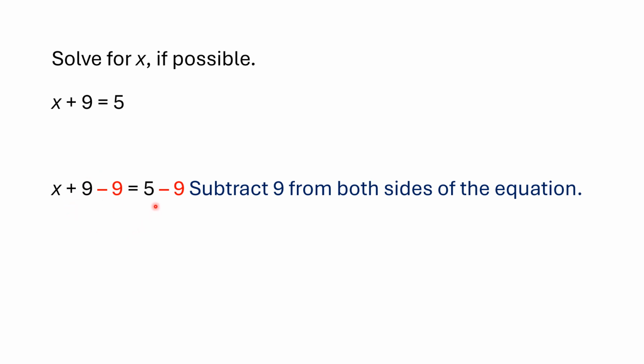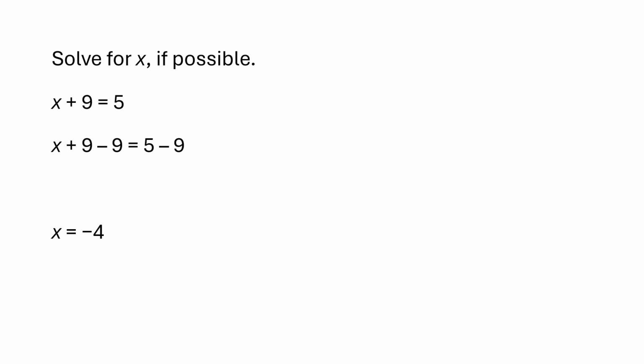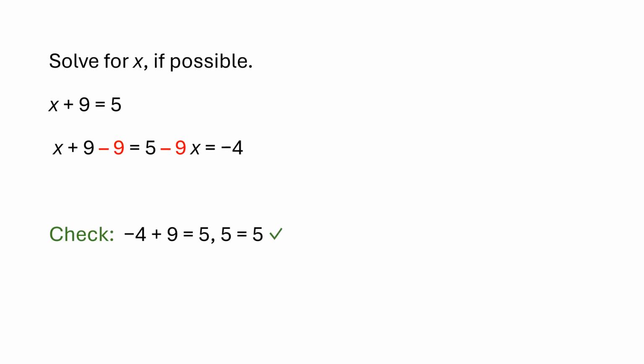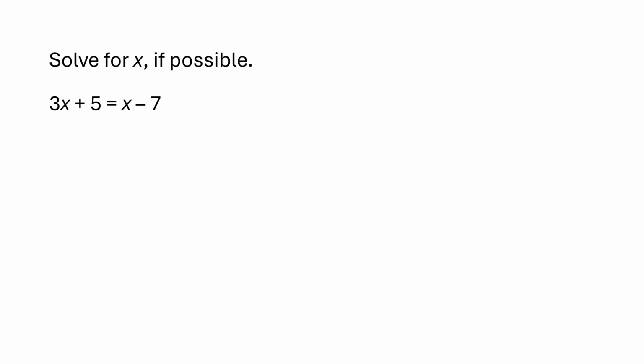It will go away. 5 minus 9 gives us x equals -4. Again, I recommend that you check: -4 plus 9 equals 5, which is 5 equals 5. This one checks again.